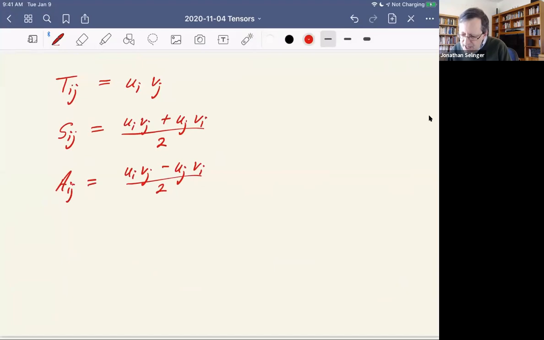For the anti-symmetric part, I'll transform that into a pseudo vector. So p_k is 1/2 epsilon_ijk (u_i v_j minus u_j v_i). Right?